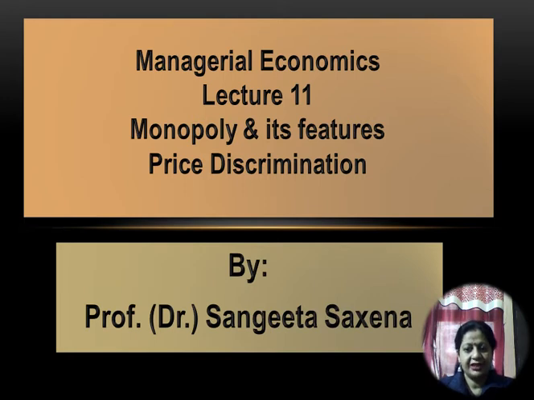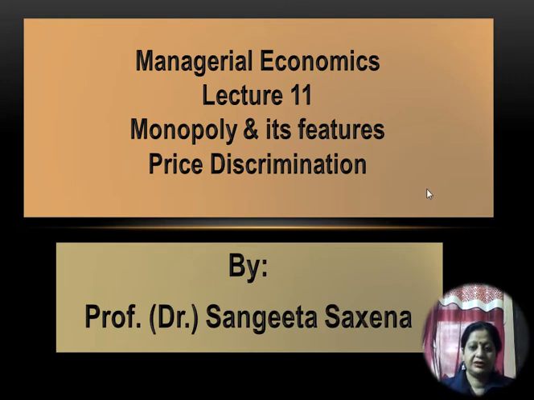Previously in lecture 10 we discussed the market structure of perfect competition, its features, the essential elements of perfect competition, and the things that help in making the market a perfect market. In this lecture we are going to discuss the second type of market structure, that is monopoly and its features, and the second topic is price discrimination.